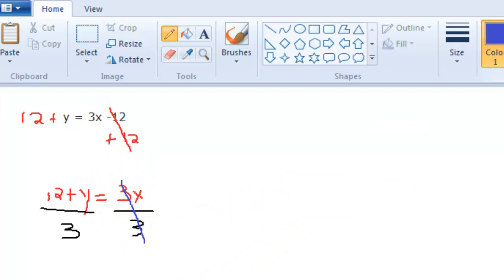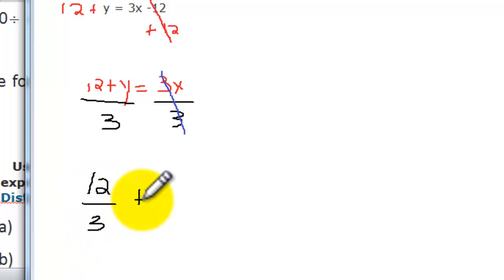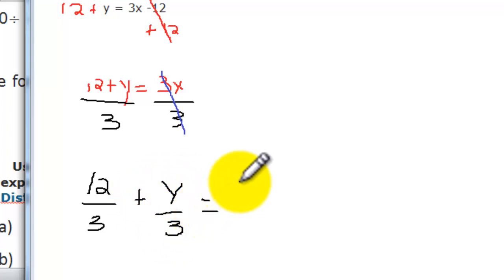But here's another little trick. You've got 12. You divide each term by 3, and it comes out even more clever, or at least to me. 3x over 3, that still cancels of course.